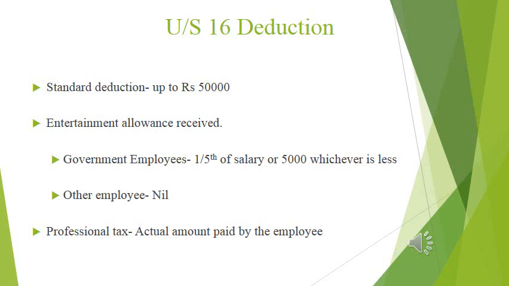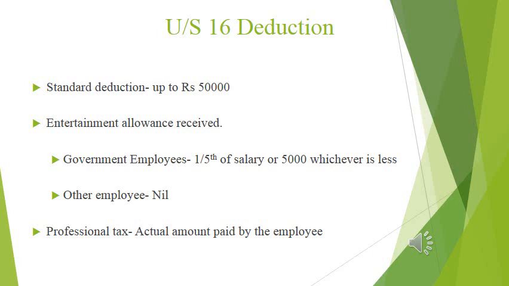A little bit of clarification is required while we are discussing entertainment allowance. Allowance means an amount which is received for meeting the expenses regarding his service. Suppose an employer gives an amount as entertainment allowance. There are two kinds of employees we have: first one, government employees, and another one, other employees, that is non-government employees.